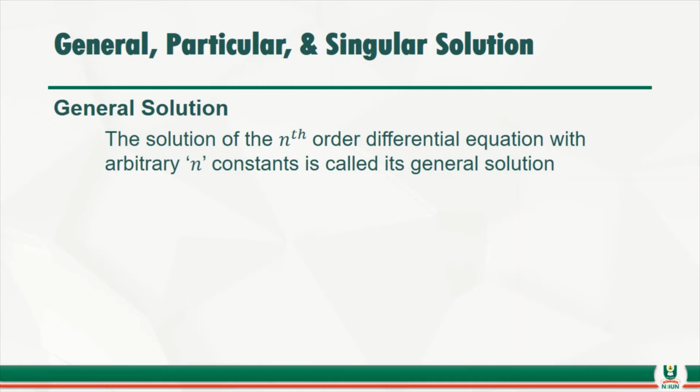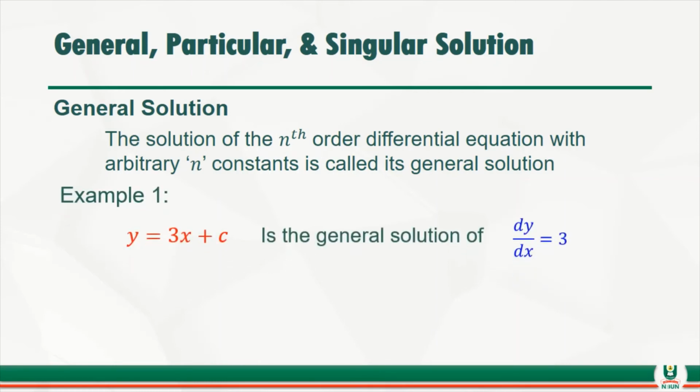As we can see on the screen, the general solution is the solution of a differential equation in which there is a constant. Let's consider example 1. We can see clearly that 3x plus c is the general solution of dy/dx equals 3. You remember this problem; we've solved it before.